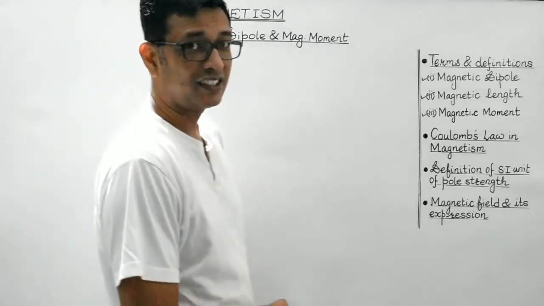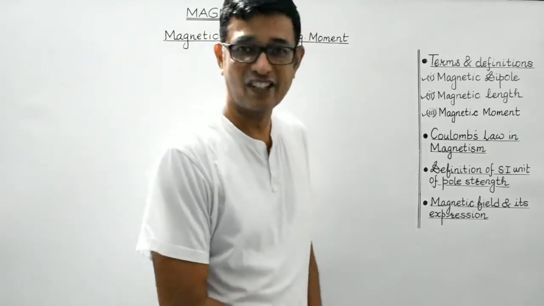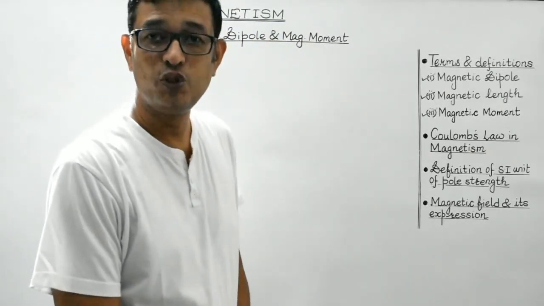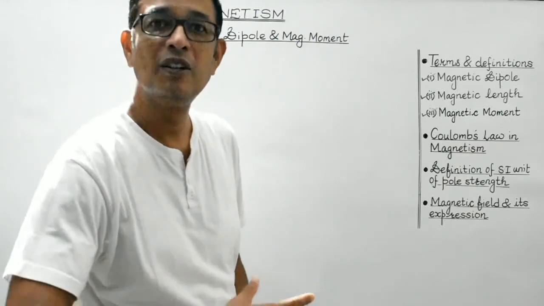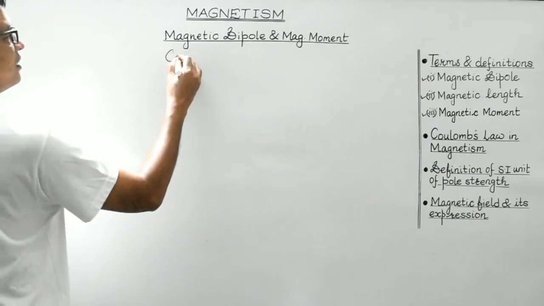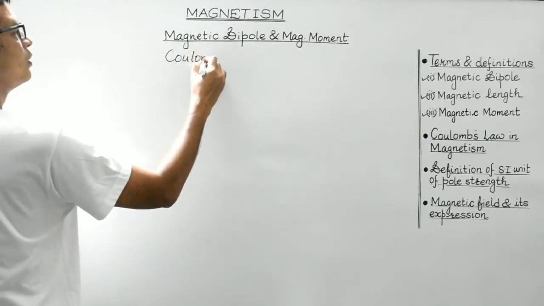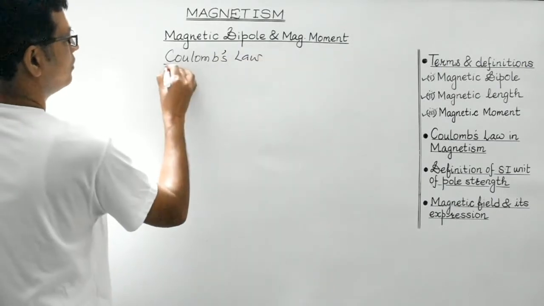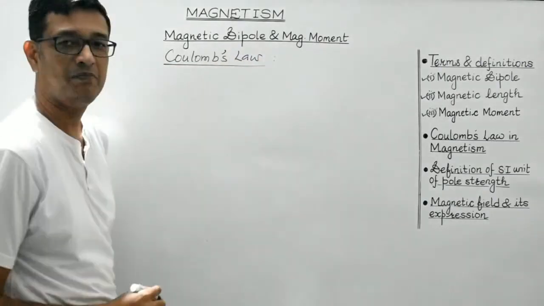In electrostatics, we considered 2 point static charges. In magnetism, we will consider 2 different poles, right? So, let's discuss Coulomb's law in magnetism.